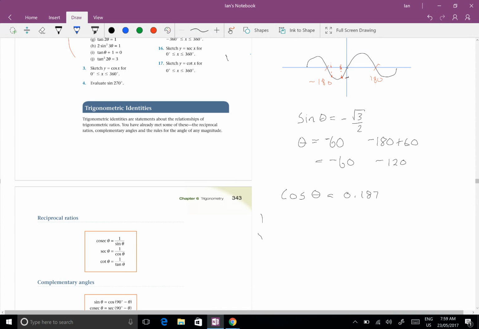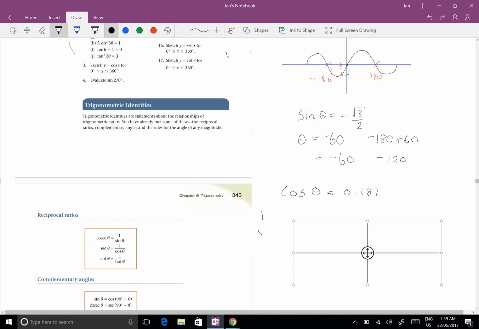So here we go. And I'll put that there. Now, I'll draw the cos curve. Well, the cos curve is a sine curve, just shifted. And I'll get that. But again, I only want it from 180 negative to 180 positive.